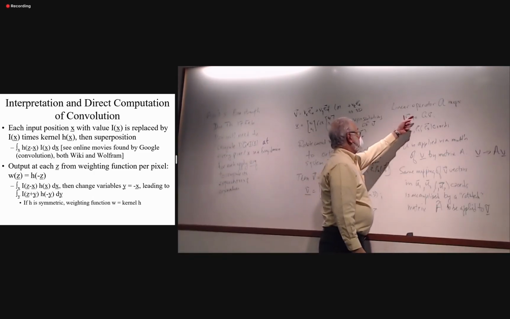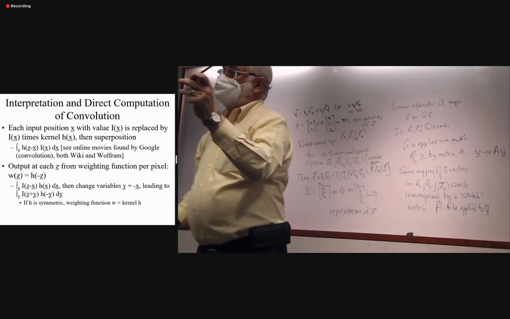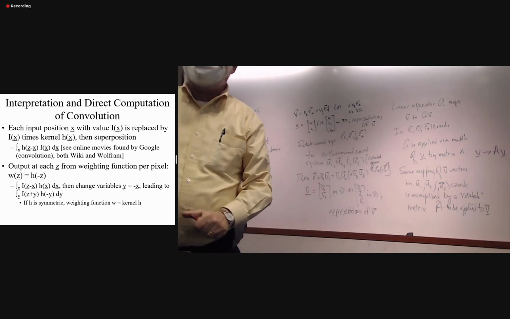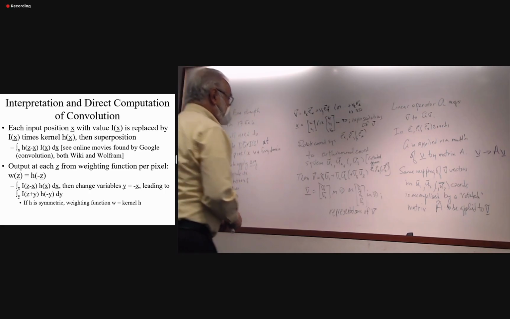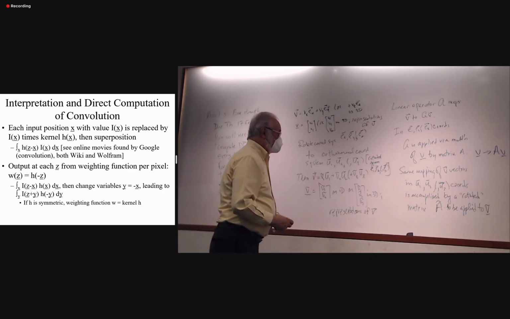But this is a basic mapping of vectors into vectors that also can be expressed in the other coordinate system, the U1, U2, U3 coordinate system, which is a rotated coordinate system from EX, EY, EZ.